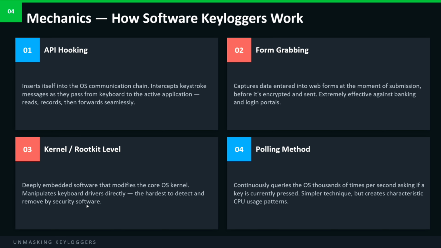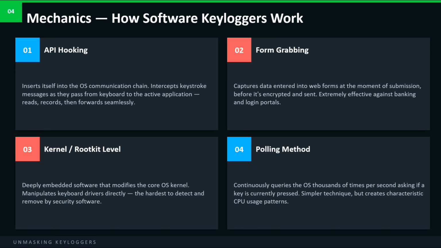Next method is the polling method. It continuously monitors the OS, thousands of times per second. Why? Because it ensures whether any key is pressed or not by the user.